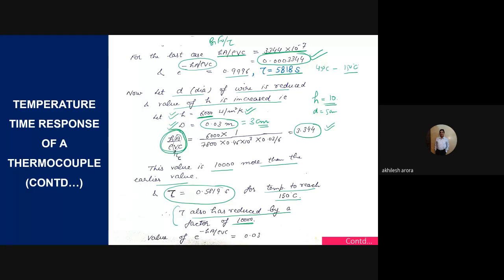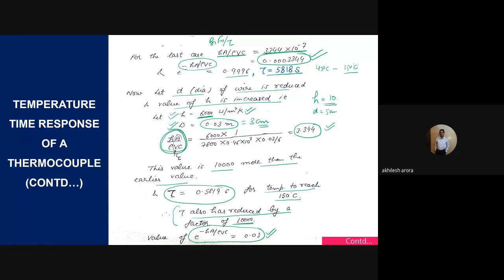So when we reduce the diameter, then this value of hA over rho Vc will be even larger. So when I calculate e raised to power minus hA over rho Vc, it comes out to be 0.03. Okay, so this is the value. Effectively, what we are trying to do is go for a value of hA over rho Vc which increases to infinity.